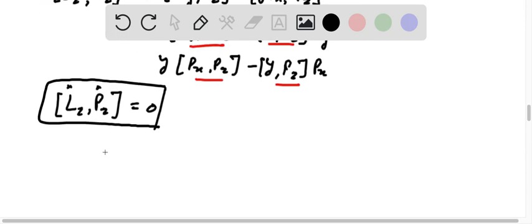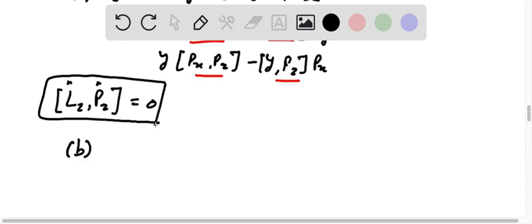Now the second part of this question, we have to use all these results and show the commutation of Lz with Lx and Lz with r square.